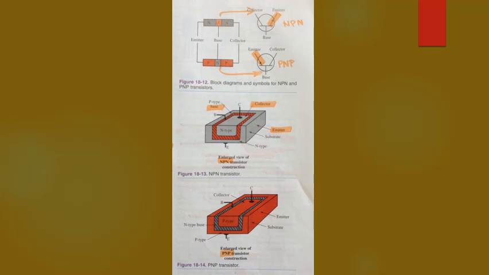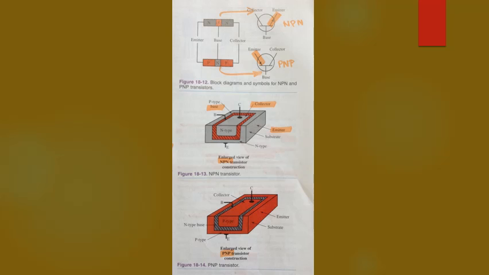The bipolar junction transistor, or BJT, consists of 3 layers of impure semiconductor crystals. This transistor has 2 junctions. There are 2 types of bipolar transistors, NPN and PNP. Blocks and schematic symbols for these are shown in figure 18-12.